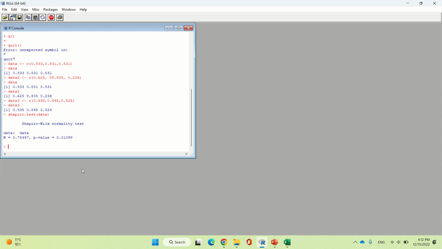And then, this p-value indicates that the Shapiro null hypothesis is the same as the normal distribution. So is your data point a normal distribution, or some other distribution?